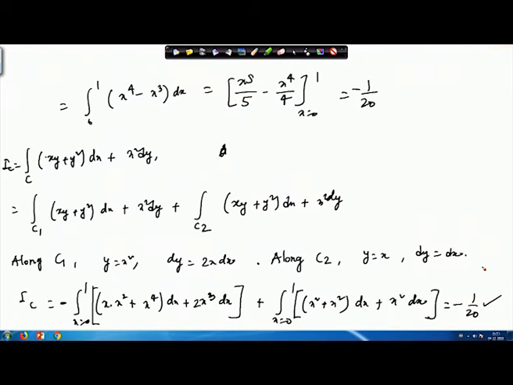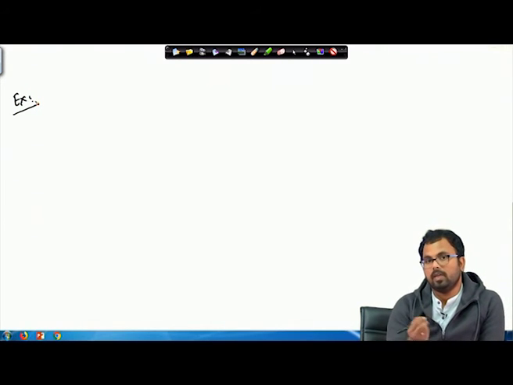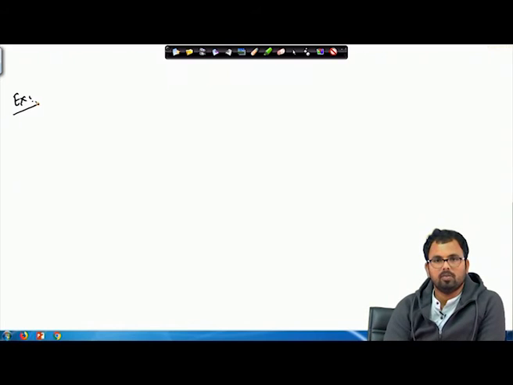All right. So, this was an interesting example where you verify the Green's theorem. Let us consider another example where we can use the Green's theorem to simplify a given integral which is slightly complicated.